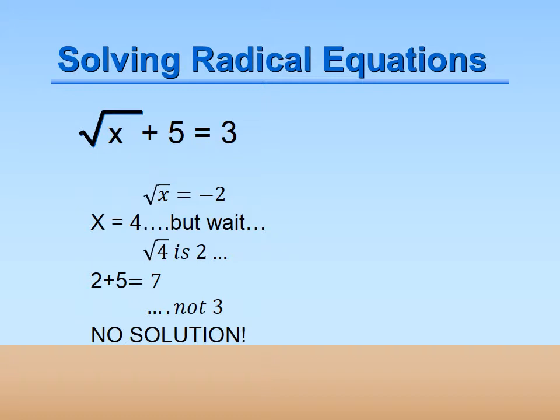It's an extraneous solution. And here is a hint. Anytime you solve for your radical and it's equal to a negative number, you will get no solution or an extraneous solution.